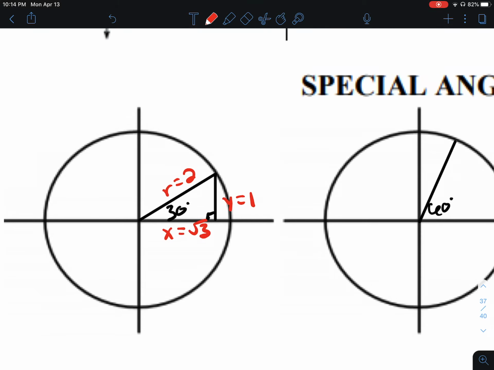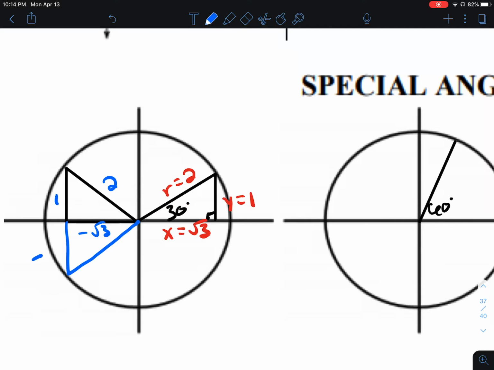Now, if I had drawn this same triangle in quadrant 2, the only thing that would be different is that the x value would be negative square root of 3. R is still 2 and y is still 1. If I drew this triangle in quadrant 3, x is still negative.